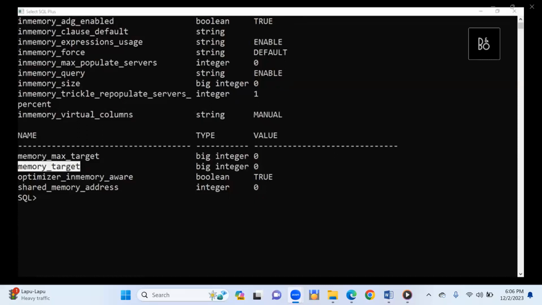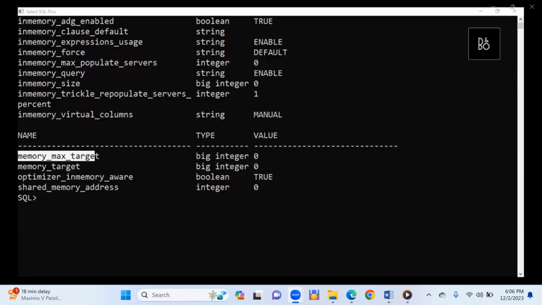Since memory_target is dynamic in nature, then memory_max_target is static in nature. A dynamic parameter means that it keeps on changing. A static parameter ensures that you cannot set the memory target to a value higher than the memory max target.